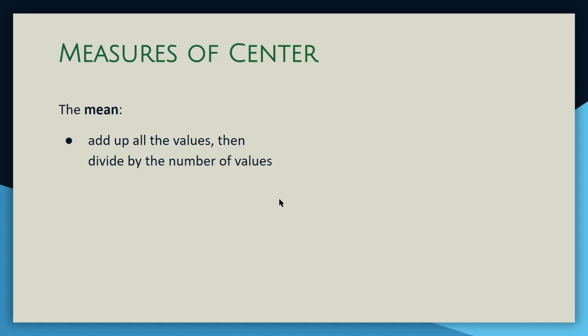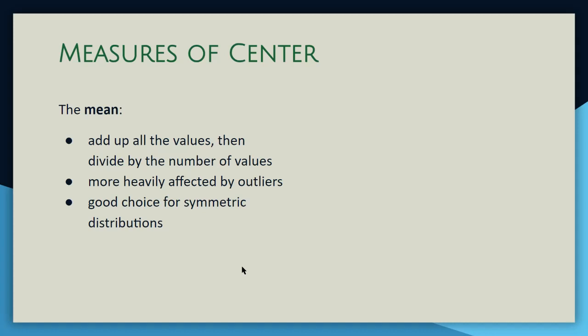First, to find the arithmetic mean, we add up all the values, then divide by the number of values. Next, because we are actually adding up each one of the data values, this value is more heavily affected by the presence of outliers in your data set. So outliers are going to shift the mean more than the other measures of center we're going to talk about.